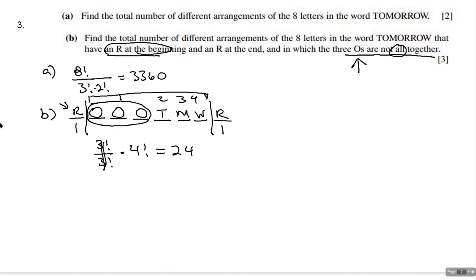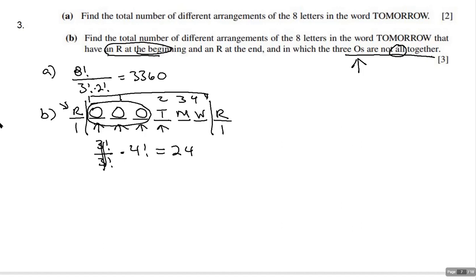All right, now, find the total number of different arrangements of the letters in the word tomorrow where the R's are at the beginning and the R's at the end, in which the 3 O's are not together. We just found out the number of ways where they are together. Now, what we've got to do is figure out how many different ways we can arrange these things.